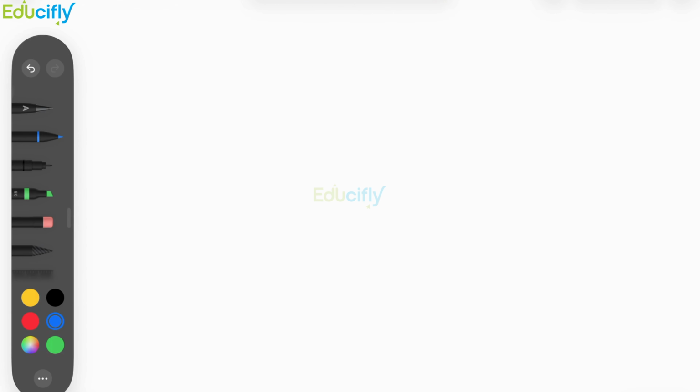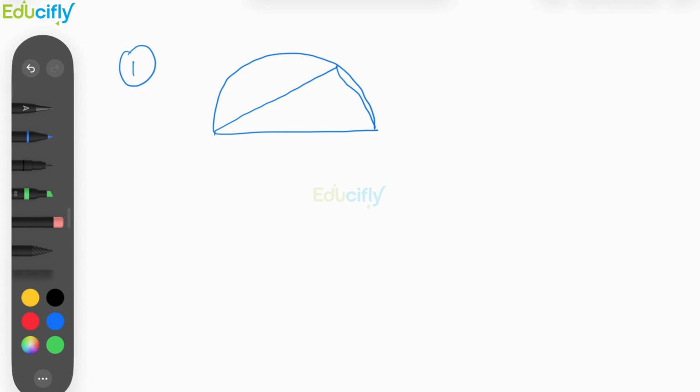Let's resume. I'll give you a question. Take an example like this: this is a semicircle. One more thing you need to remember: if I am not drawing a center here, that doesn't make a diameter.